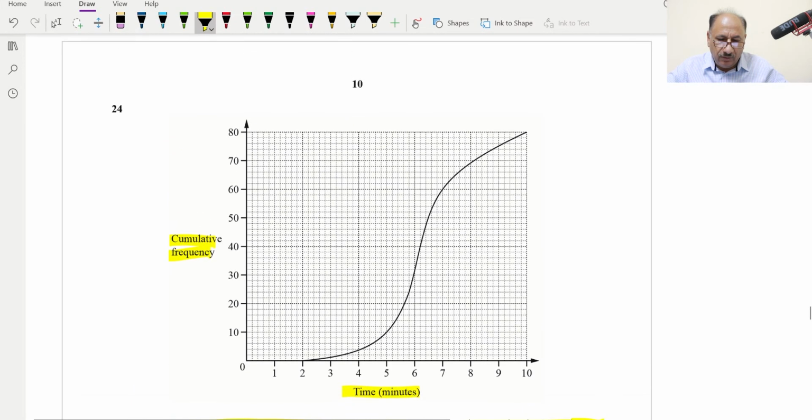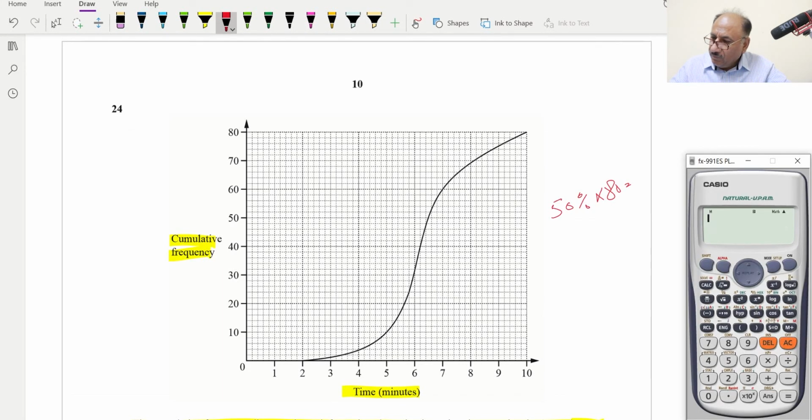Median, you know, is the middle value, and the middle value will be 50 percentile. So 50% of 80 will be 40.